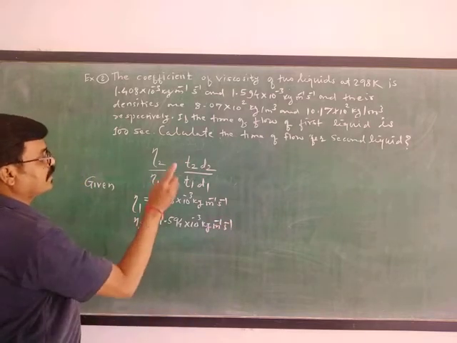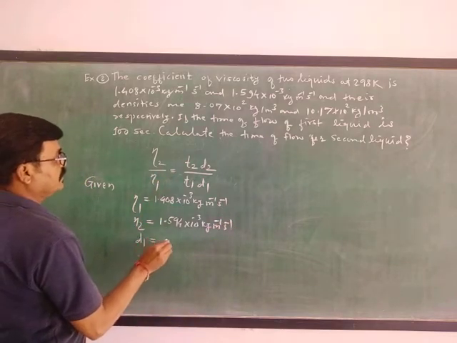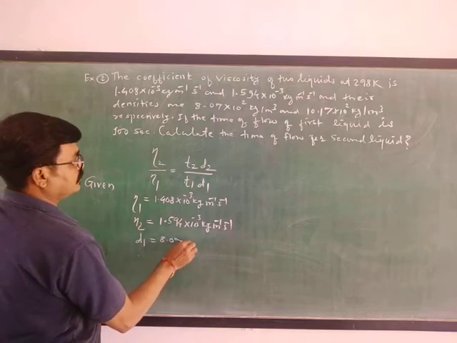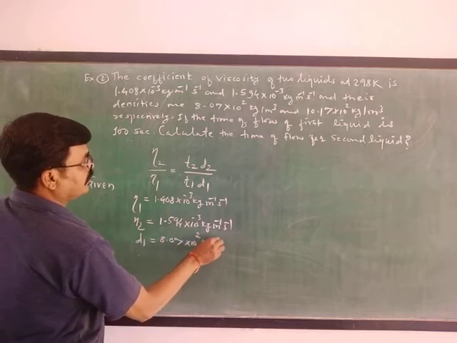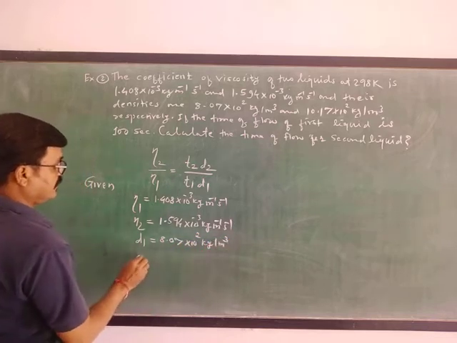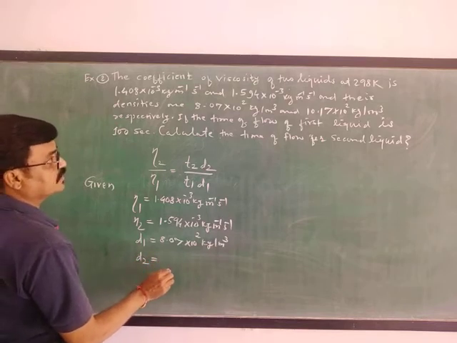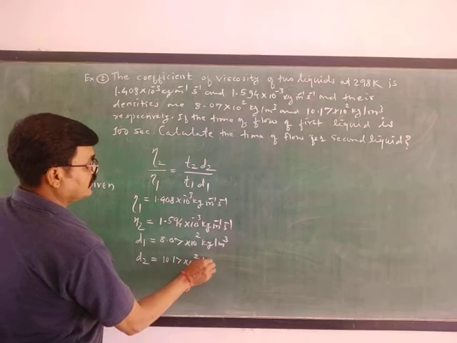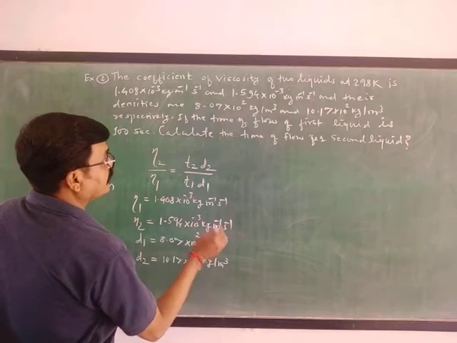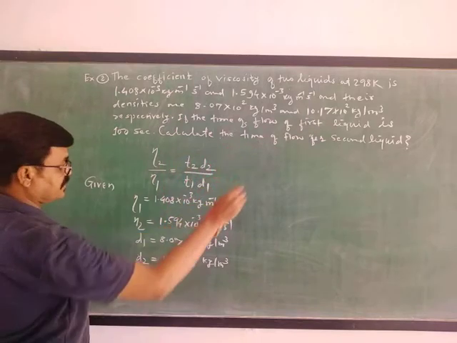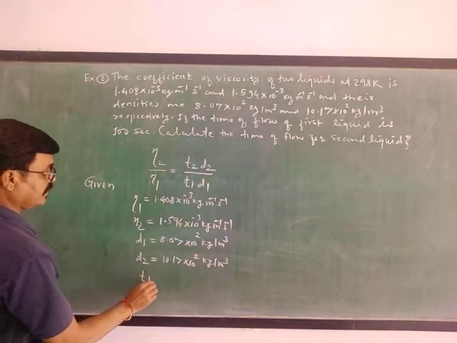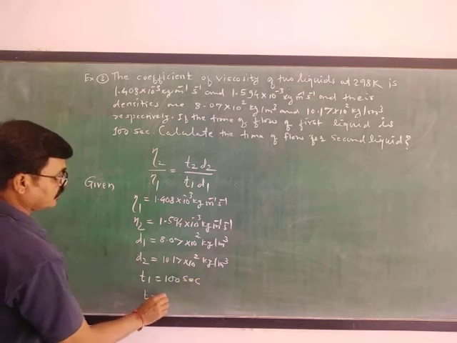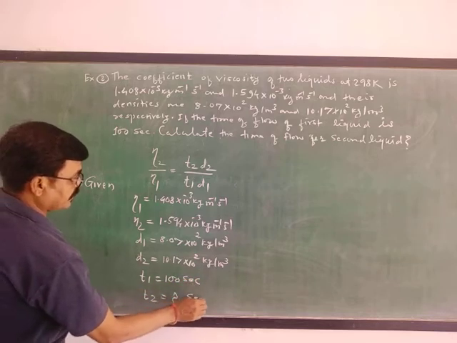Their densities: D1, the density of the first liquid, is 8.07 into 10 raised to power 2 kg per meter cube, and that of the other liquid, D2, is 10.17 into 10 raised to power 2 kg per meter cube. If the time of flow of the first liquid, T1, is 100 seconds, then you have to calculate T2, obtained in seconds.